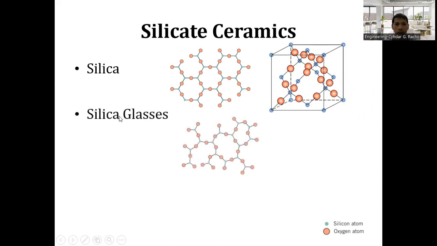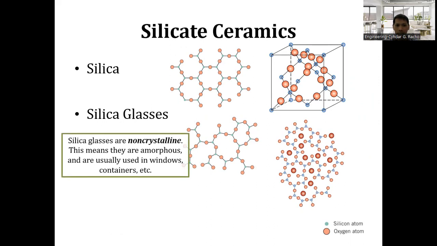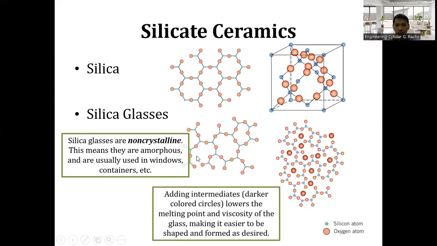Another one is the silica glasses. If you notice, it's almost the same, but wait, there's more. Silica glasses are non-crystalline, which means they are amorphous, and they are usually used in windows and containers. Notice that there is an added atom here.